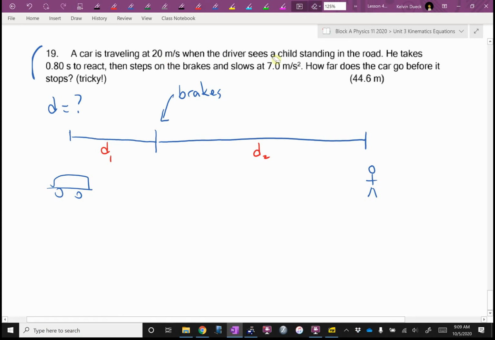Now I'm going to carefully read and decide, can I put the data here or here? That 20, it's definitely a velocity. I think it's a VI, and I think it's before we hit the brakes. The 0.8 seconds, is that the time before we hit the brakes, or the time it took us to come to a stop?